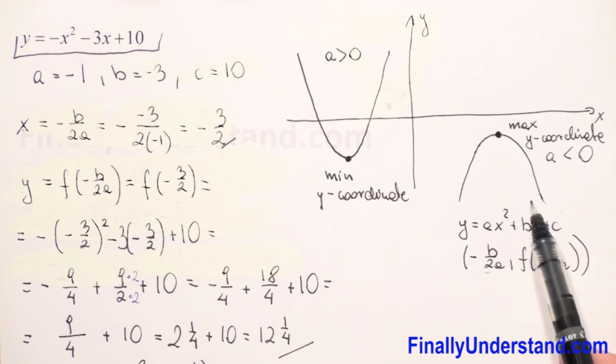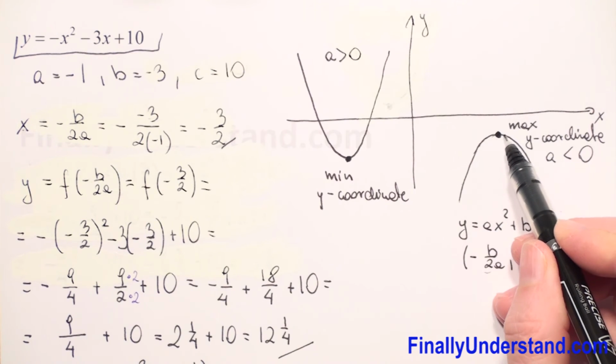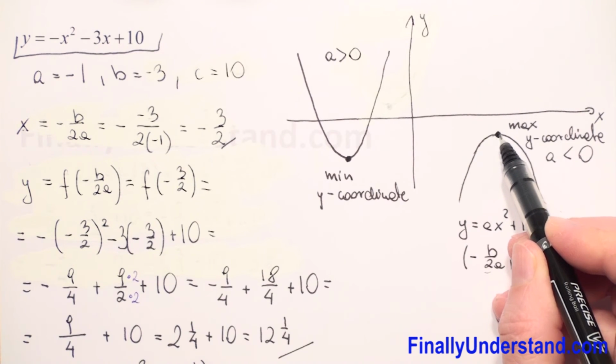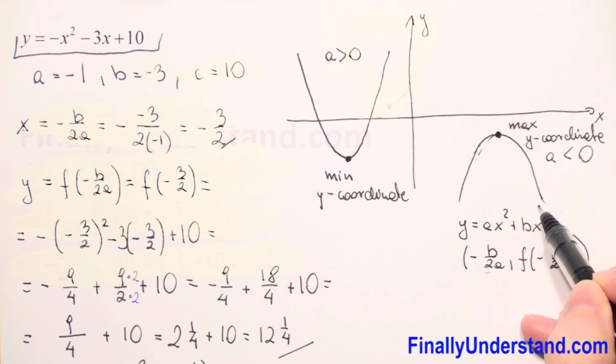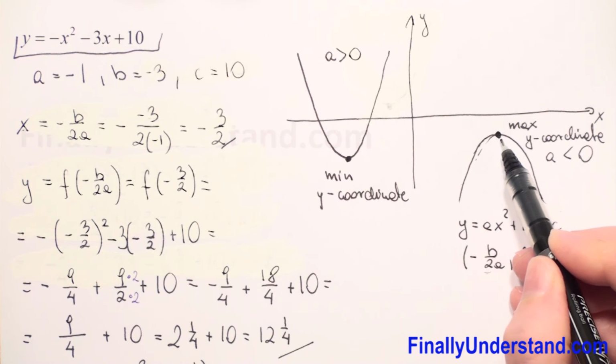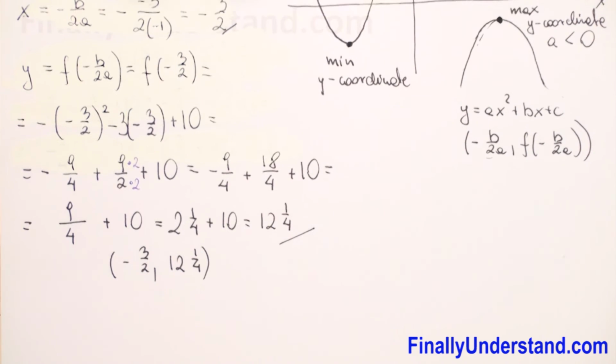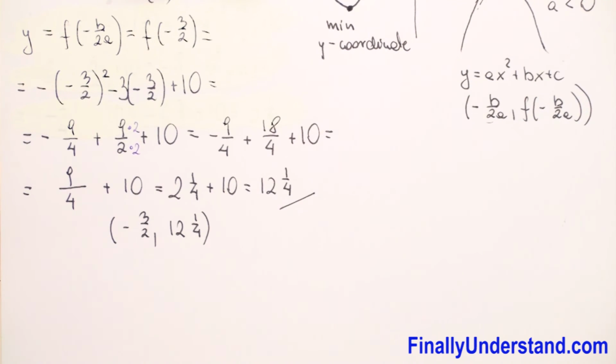So this is the graph of our function approximately. The parabola opens down. So the vertex gives us the maximum value of the function.